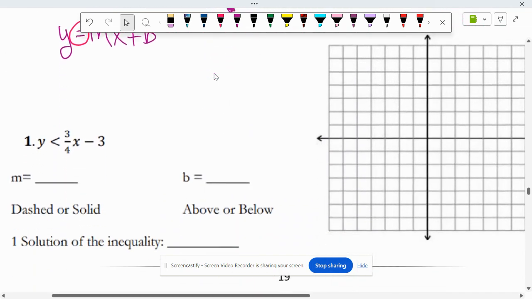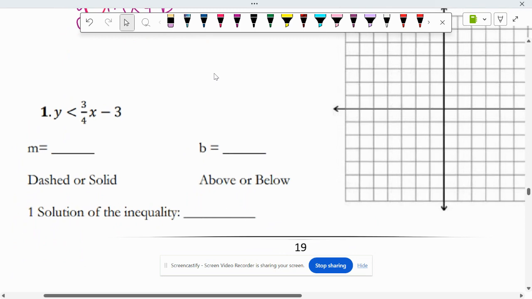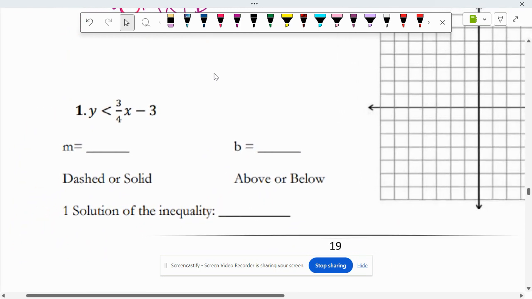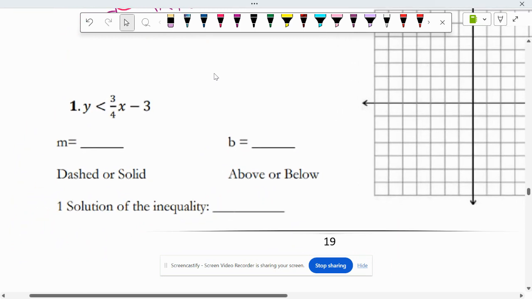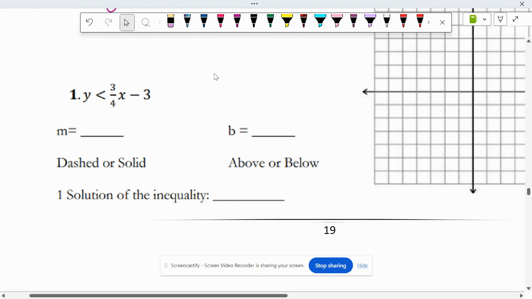So let's look at example number 1. I have y is less than 3/4 x minus 3. Tell me what my slope is. 3/4. What is my y-intercept? -3.